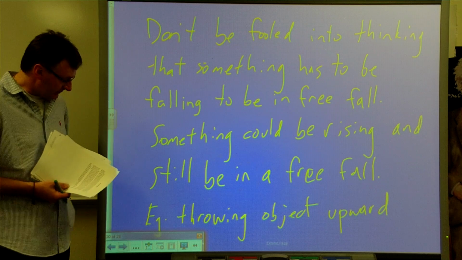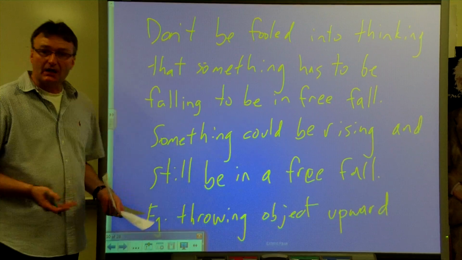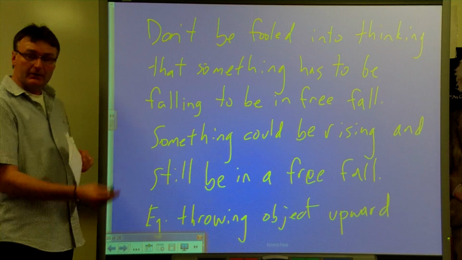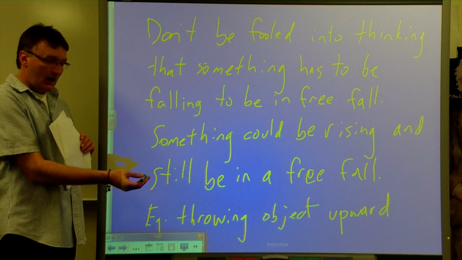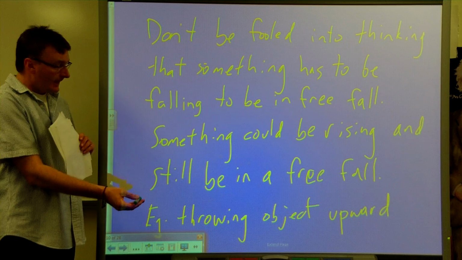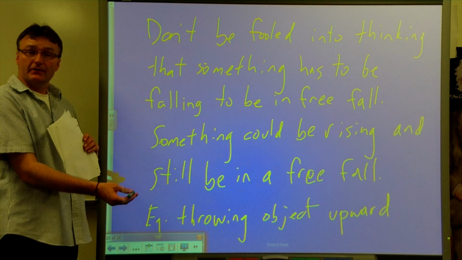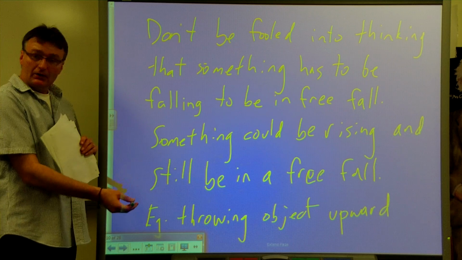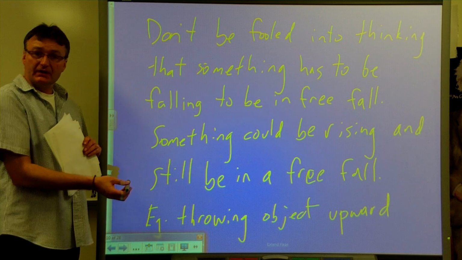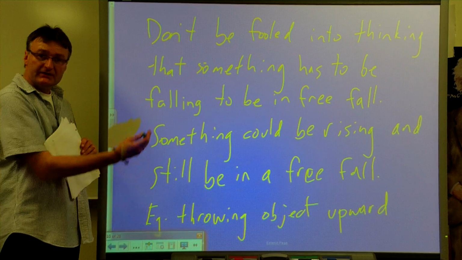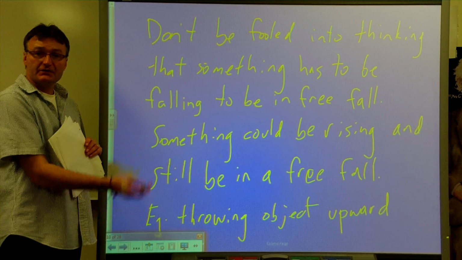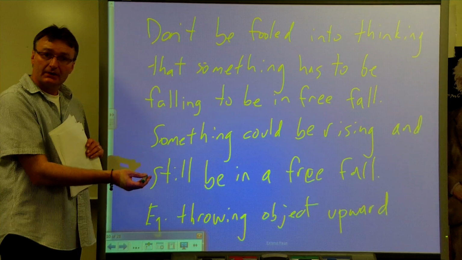An example of this would be throwing an object up into the air. If I were to toss this pen up into the air, as soon as it leaves my hand, the only force that's acting on it is the force of the Earth's gravity. And so as it's going up into the air, it technically is in a free fall. As soon as it leaves my hand, I apply a force to it in order to accelerate it upwards.